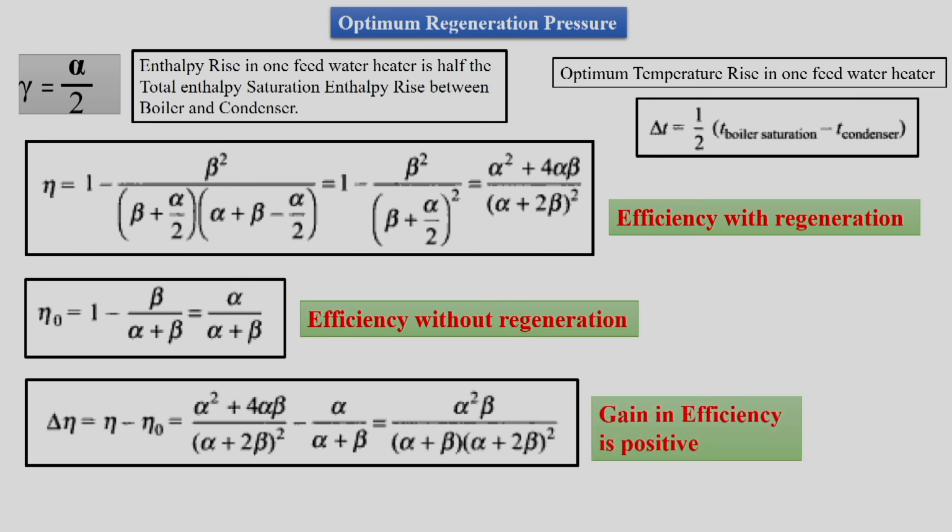Here we can see that alpha appears in square, and beta and alpha are positive numbers. So, this efficiency change is a positive number, and we always get a gain in efficiency.